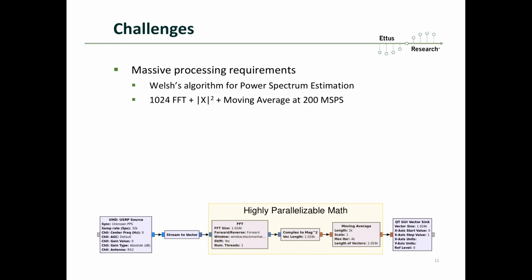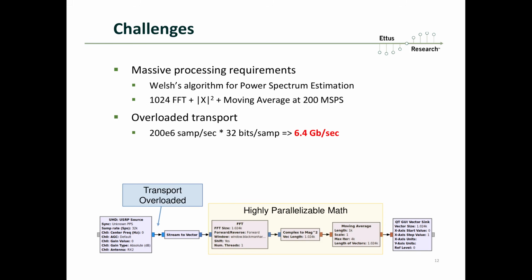Note that the math in this application can be parallelized, and so it is a good candidate for being done on the FPGA. The mathematical operations are one of the things that heavily load the CPU. The other is the real-time consumption of IQ samples from the radio at 200 megasamples per second.